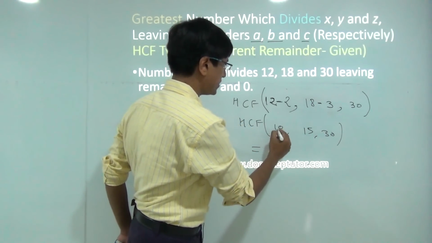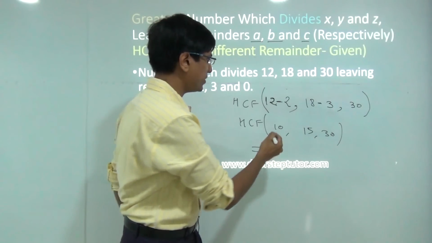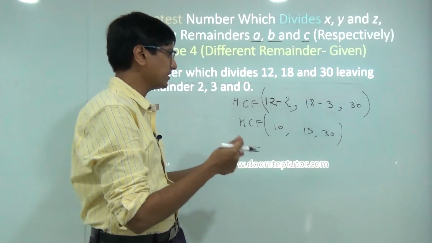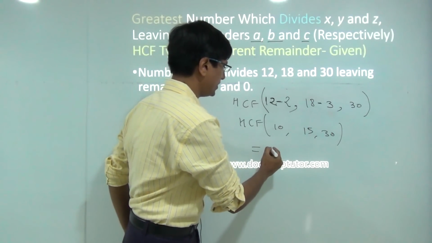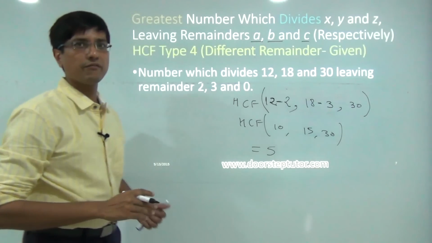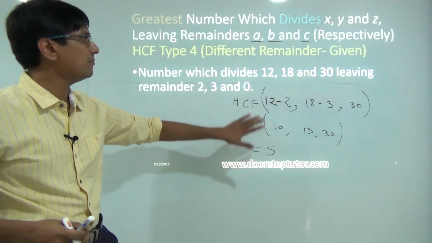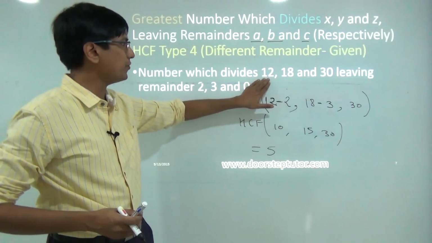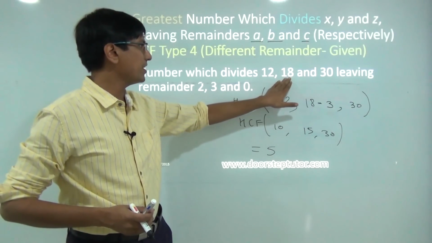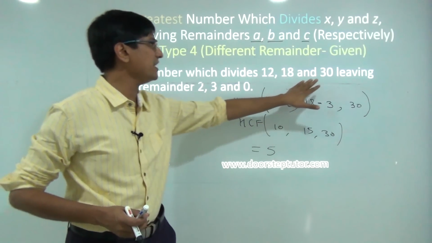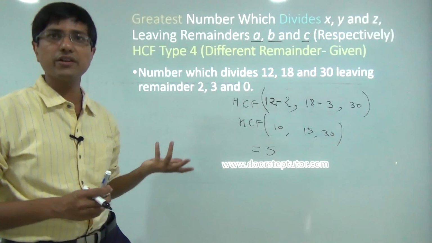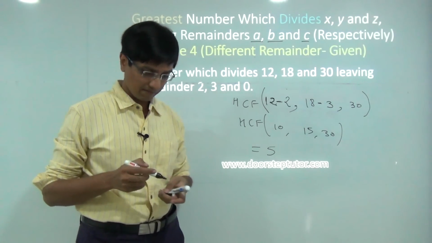And we know the SCF of these numbers, right? We can quickly find out the largest number which can divide all of these three numbers, which is nothing but 5. So 5 would be that number which when divides 12 it leaves a remainder of 2. When it divides 18 it leaves a remainder 3, and when it divides 30 it leaves a remainder 0. Very simple. Okay.